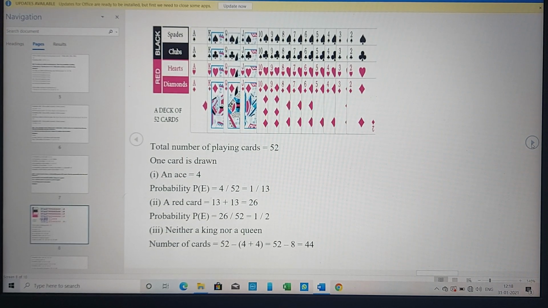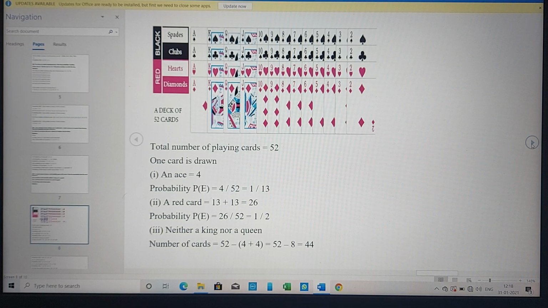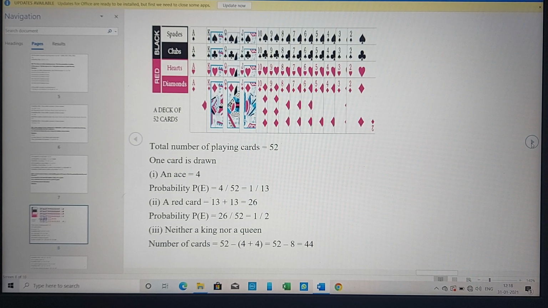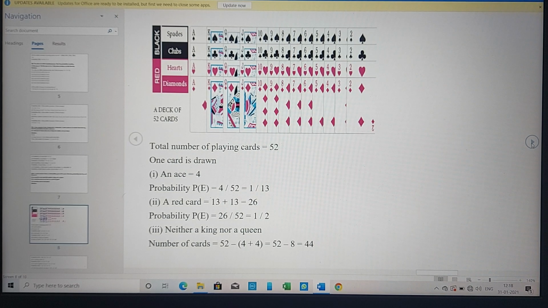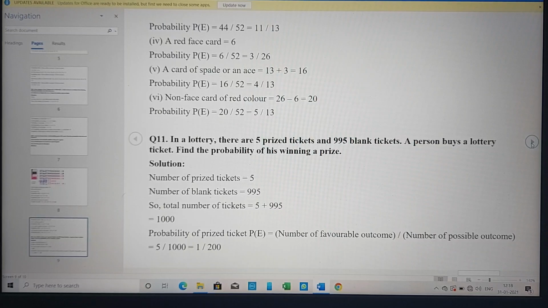So in spade we have 11 cards. Likewise, we will have 11 cards for club, for heart, for diamond. So 11 fours are 44. Clear? So total number of outcomes are 52. Favorable are 44. So 44 upon 52. We'll cancel it. So we are getting 11 upon 13. The probability is 11 upon 13.